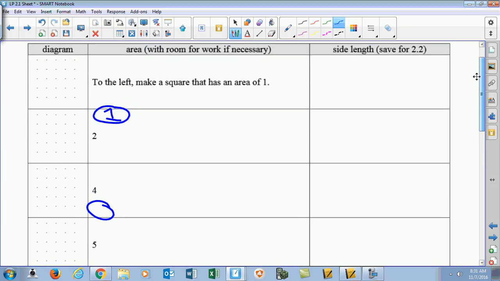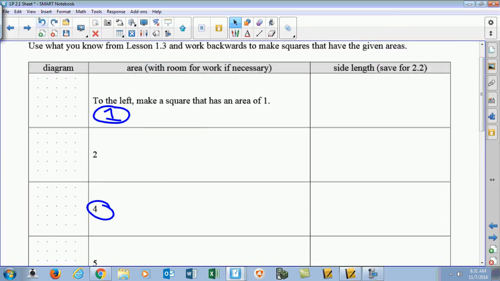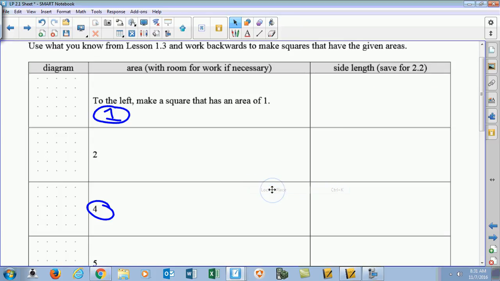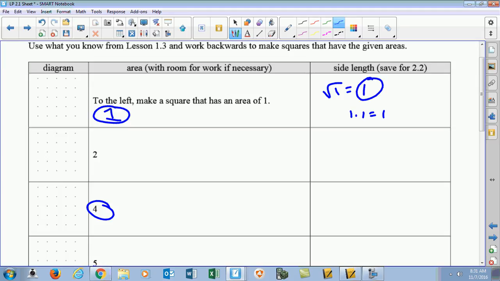Well, what's the square root of 1? I'll lock this up here so this doesn't move when I move it. All right. The square root of 1 is 1, because 1 times 1 gives you 1. So that means this side length is 1 unit.